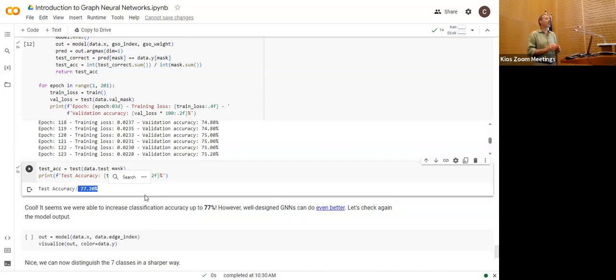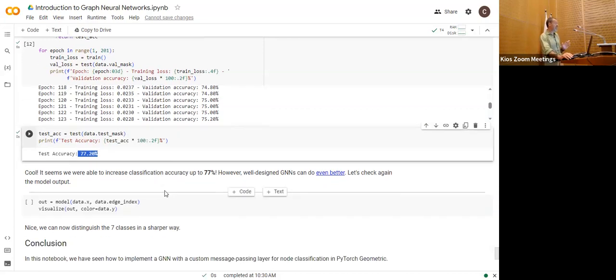Don't be surprised. Every time you have a problem that has a clear structure in terms of graphs, you will be impressed by the improvement in results. And this is something very, very simple. So I was not doing anything strange. Just play one graph neural network with some parameters. If you look at the literature, you can do even better.